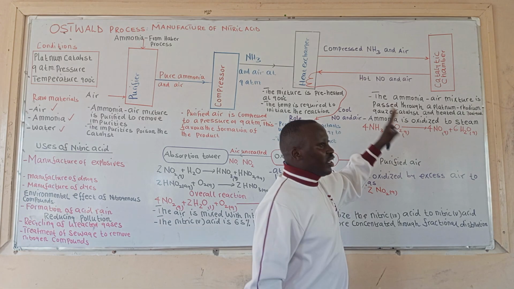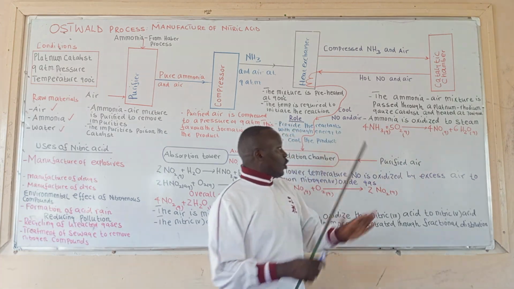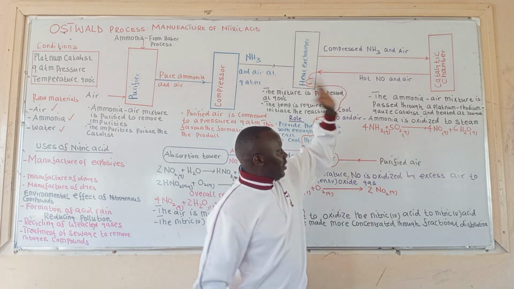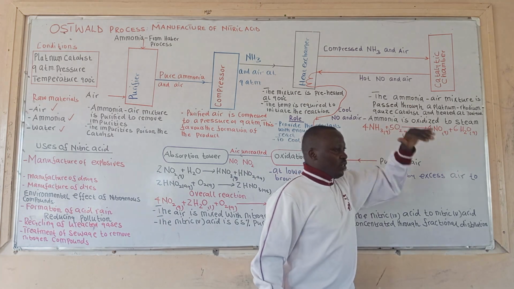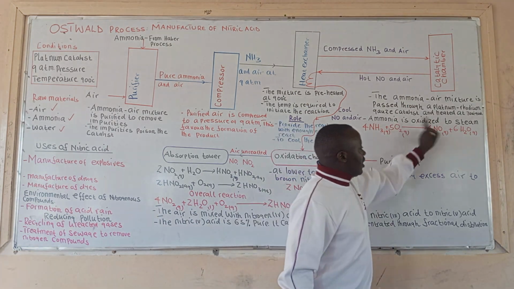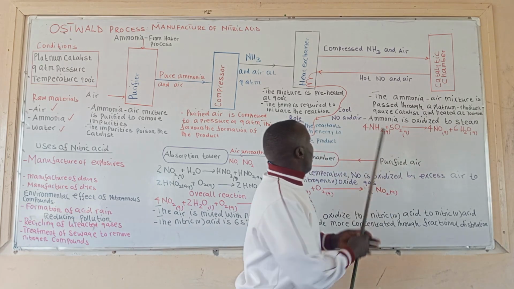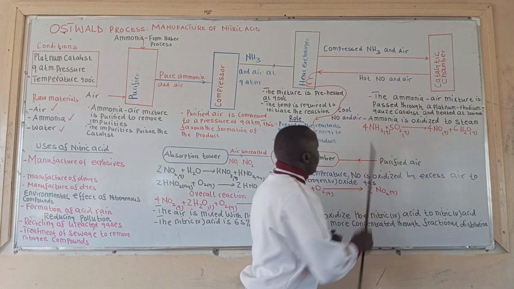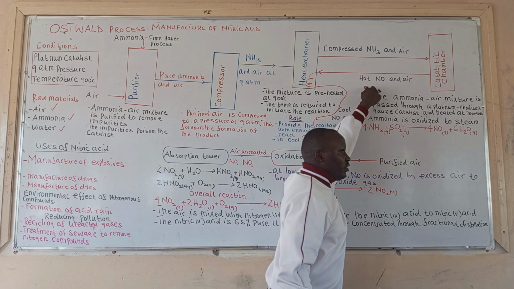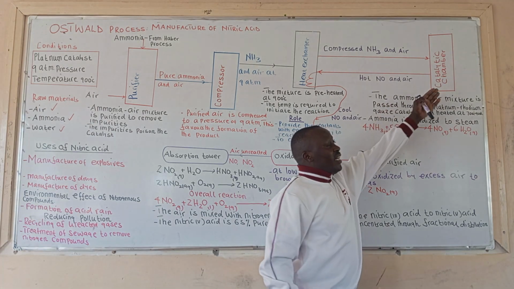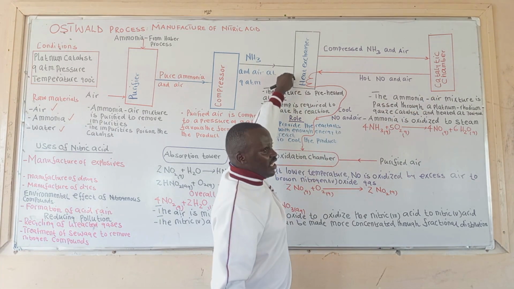So ammonia is oxidized to nitrogen 1 oxide and steam. This mixture, which is very hot nitrogen 1 oxide and air, is taken back into the heat exchanger.